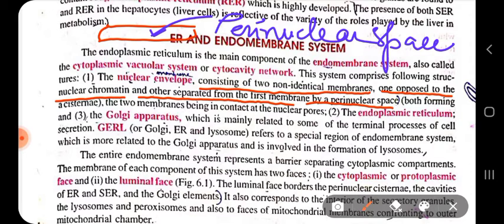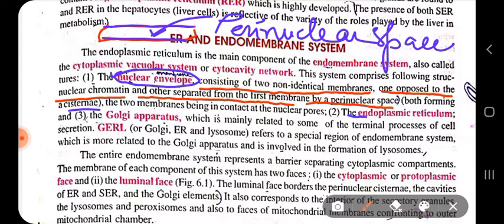That forms a cisternae-like structure, just like we will see in mitochondria. So the nuclear envelope is also a component of the endomembrane system. It is composed of an inner membrane and an outer membrane, and in between there is a space called the perinuclear space.